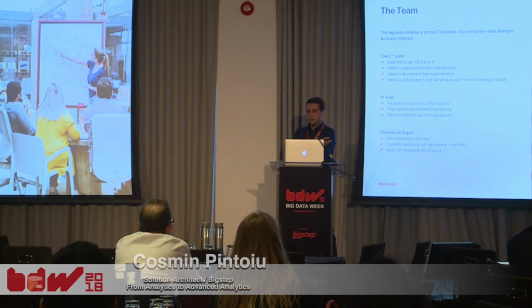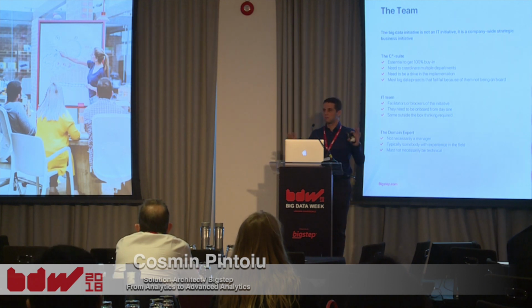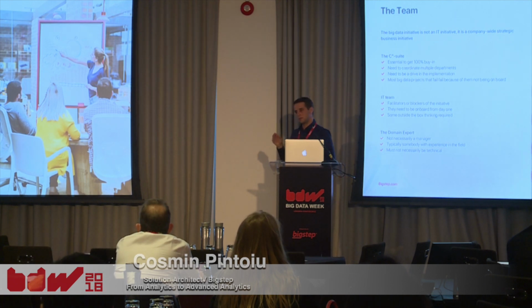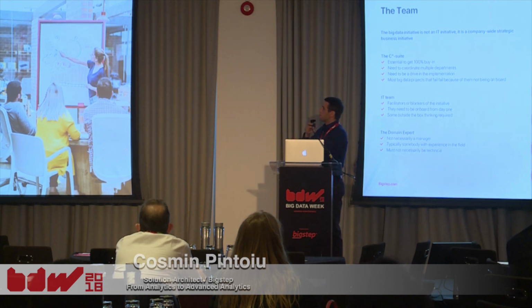So here is where, as Andrew mentioned, you have to be very specific and clear about the proof of value, because they see things in two dimensions: the cost of such an initiative and the return on its investment. So there is the C-suite.